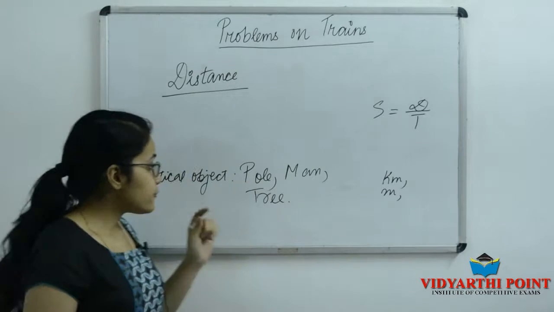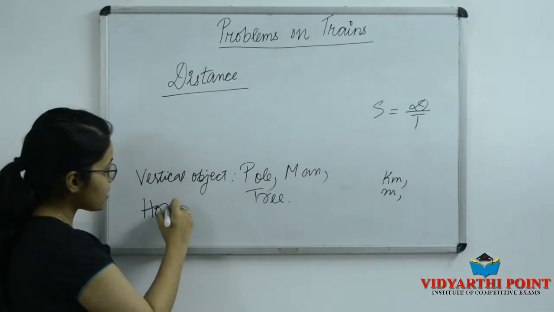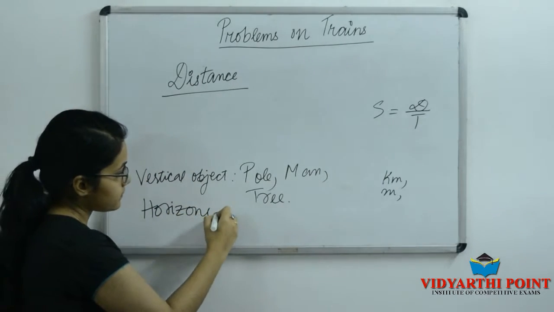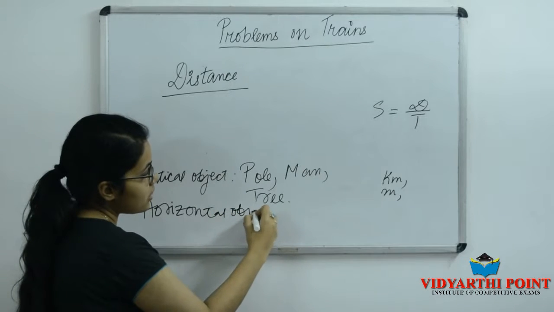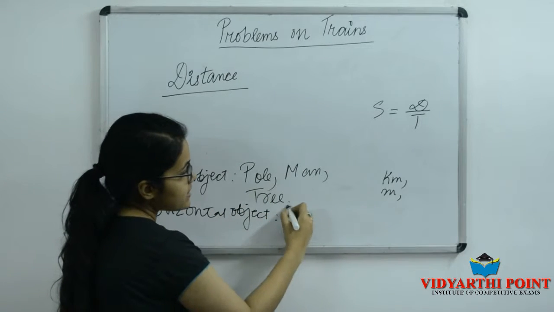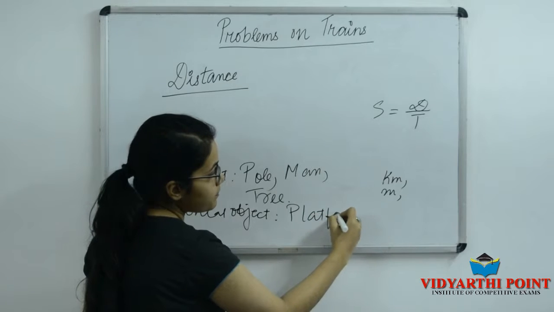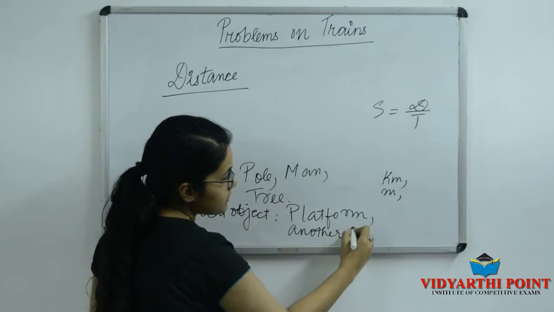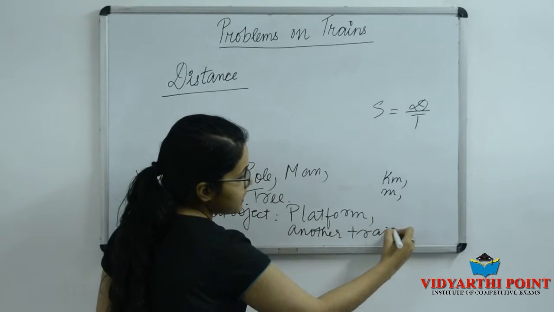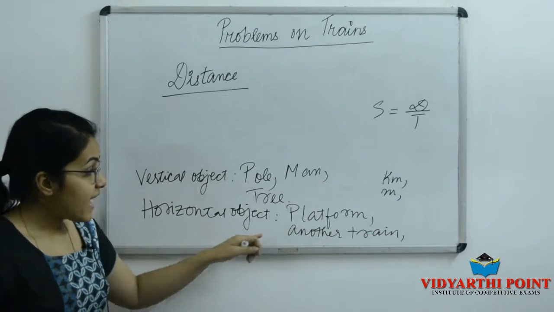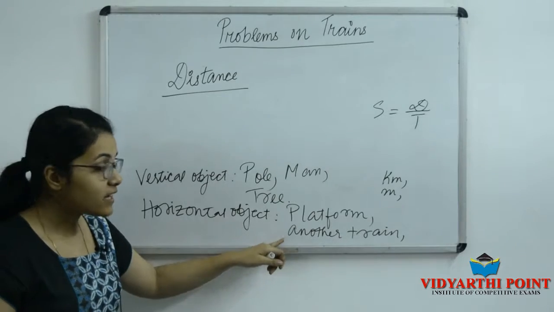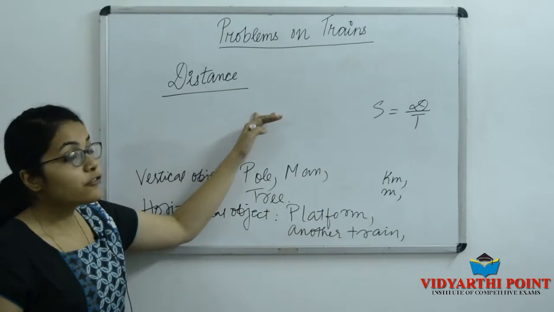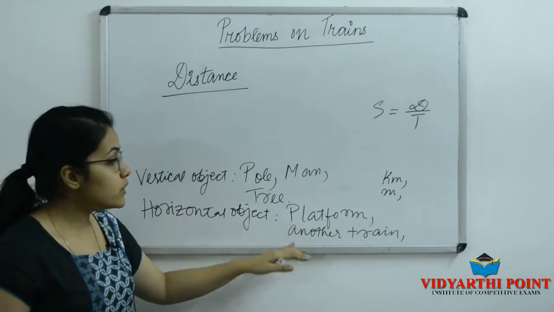But if the train crosses a horizontal object, that is a platform or another train, then the length of the platform or another train which the first train will cross will be added.